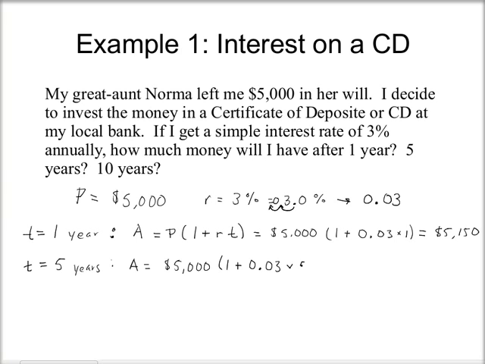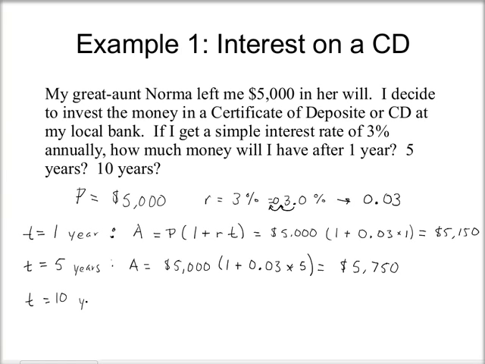And now I've had the CD for 5 years, so t is equal to 5. If I put that in my calculator, that's going to give me $5,750 after 5 years.